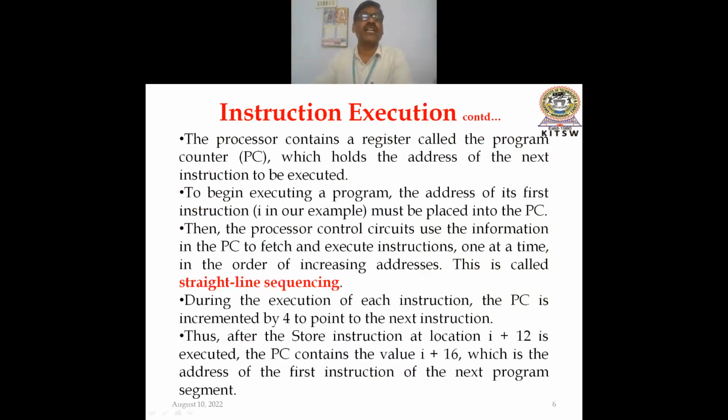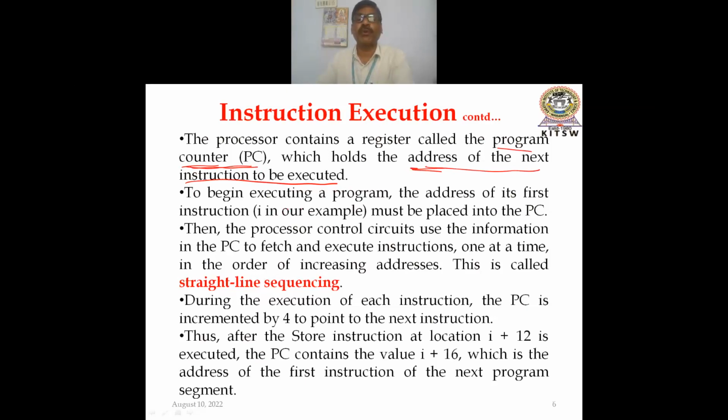The program counter register always stores the address of the next instruction to be executed by the processor. So the PC content always holds the address of the next instruction.